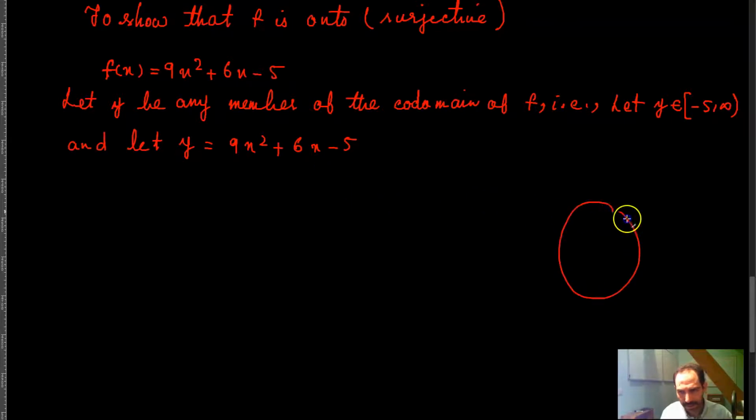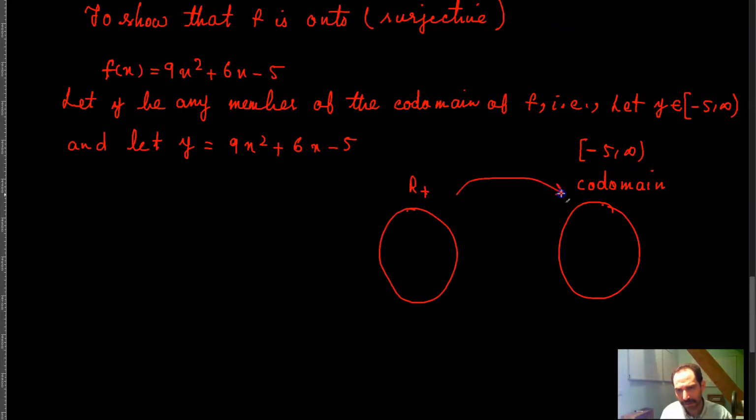This is the codomain of your function, which is all of these elements from -5 to infinity. And this is the domain of your function, which is R plus. And this is f that goes from this set to this set, right?